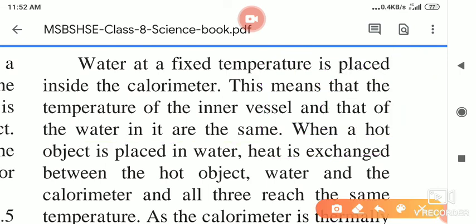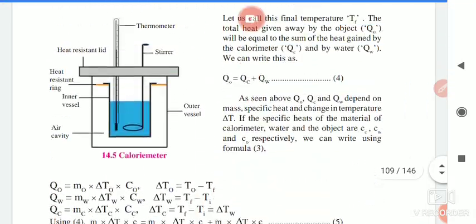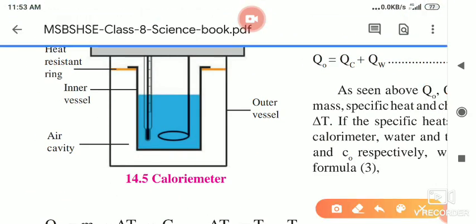Then, when a hot object is placed inside the water, tell me what will happen. If a hot object is kept inside the water in the calorimeter, then what will happen? As I told you before, an exchange of heat takes place between the water, the vessel and the hot object.